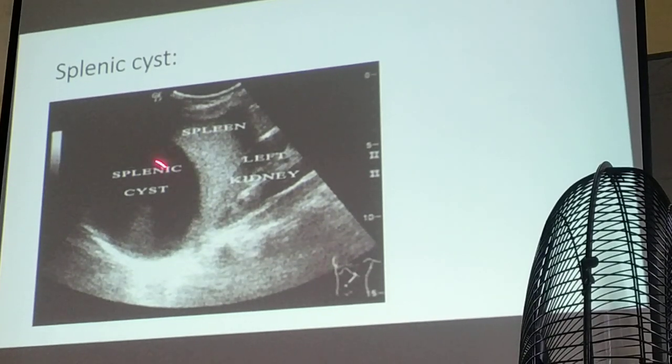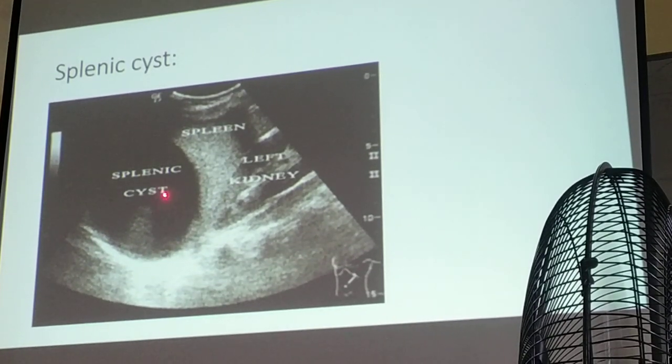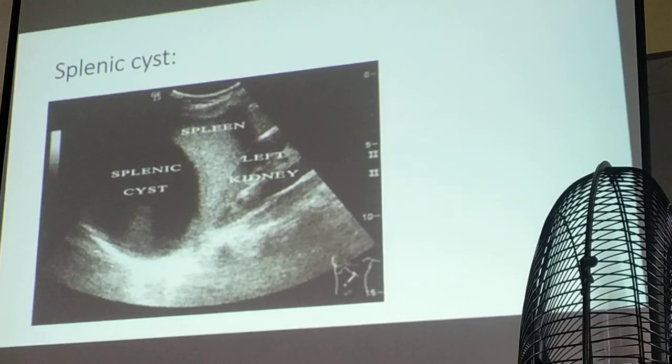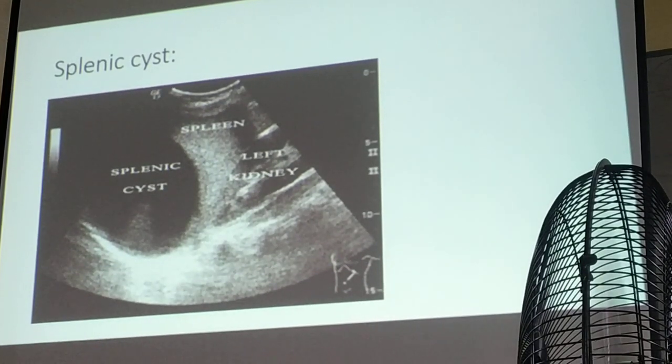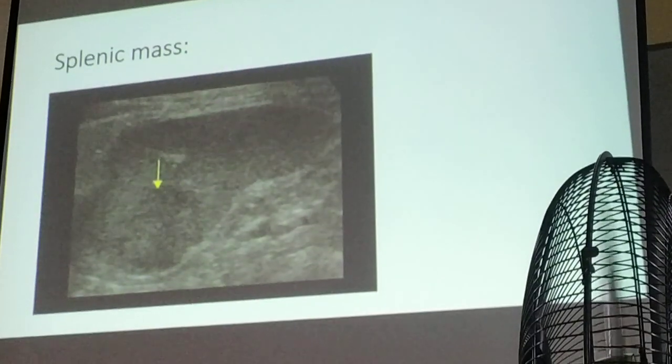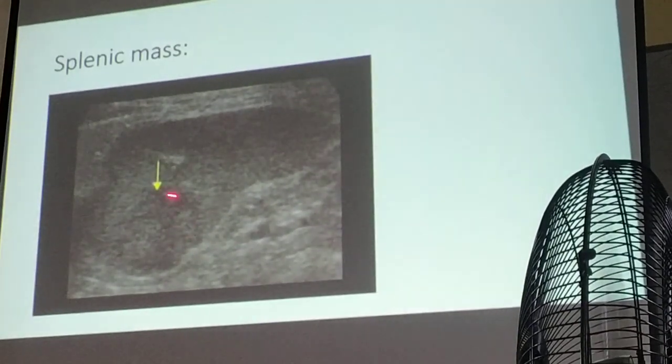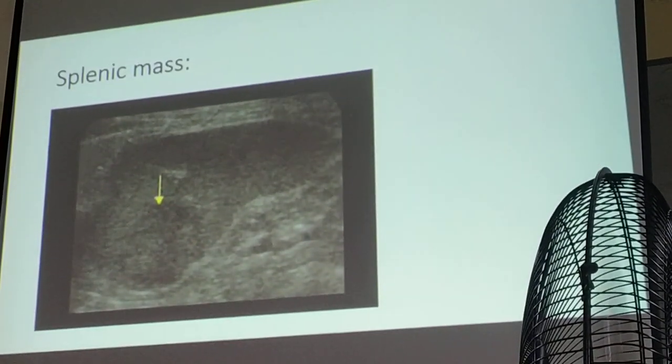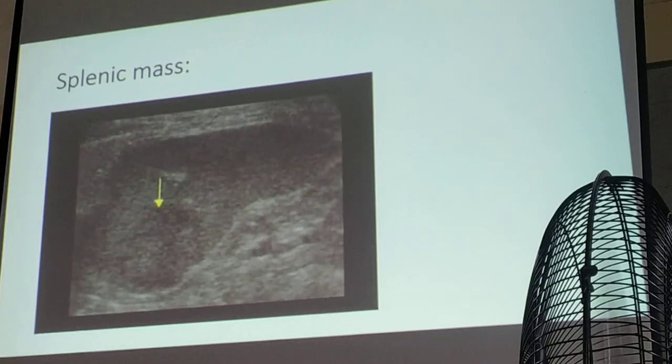Okay, this is a splenic cyst. If you have your hepatic cyst, you also have your splenic cyst. Again, your splenic mass, there would be mass seen at the inferior aspect of your spleen.